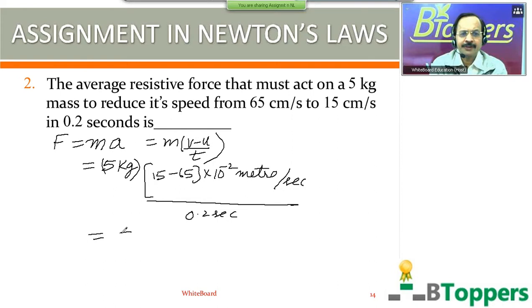So you can simplify it to get the answer. Now we have converted all the units into the SI system, so you get the answer also in SI units. You get 2.5 Newton as the answer.